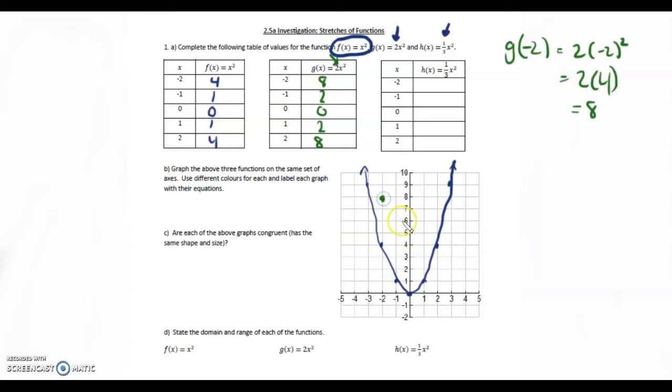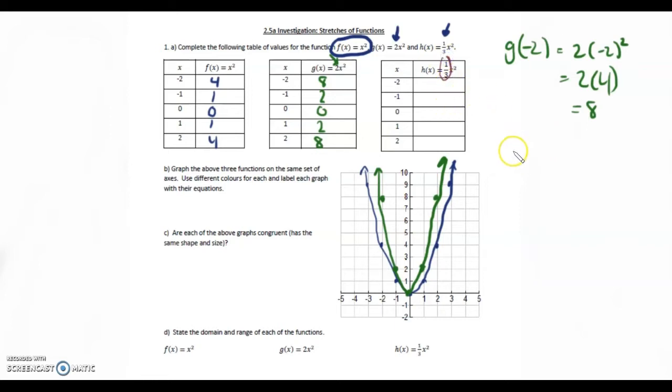(-2, 8), (-1, 2), (0, 0), (1, 2), (2, 8). I'm just color coordinating these instead of writing all over the graph, a little bit different approach. Now this time we're going to do 1/3 x squared.